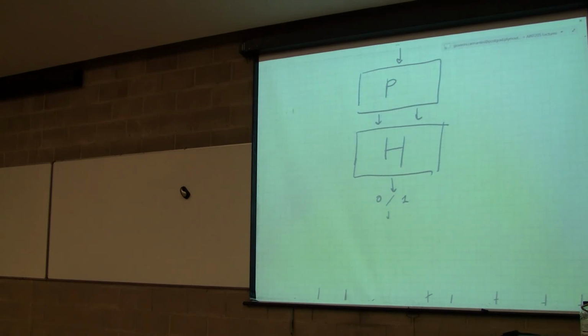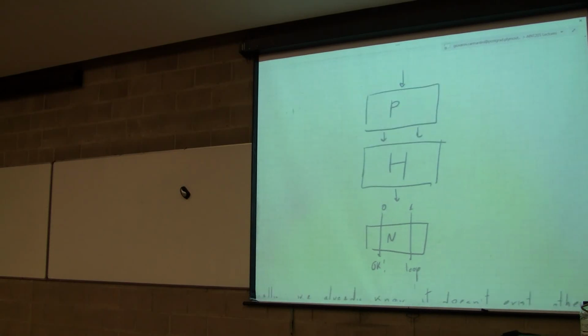You input this to the negator machine, and the negator machine either prints out OK or it loops forever. If 0, it prints OK. If 1, loop. Right?